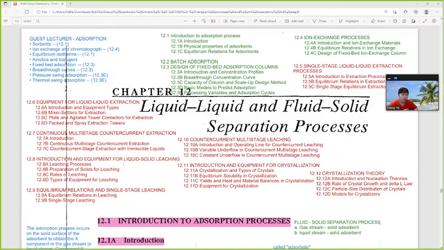First, I will say thanks to Segi University, especially Dr. Lin Ni Wei and the team, for giving me a chance to be a guest lecturer with the Chemical Engineering Program at Segi University with the topic adsorption process.